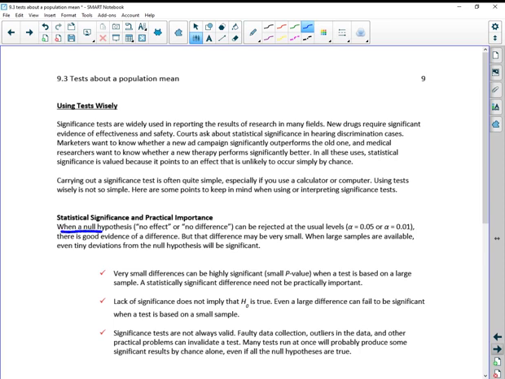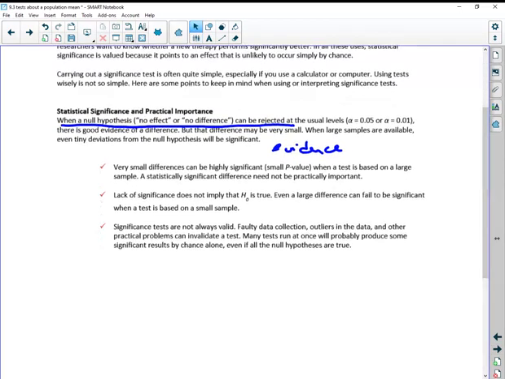Our null hypotheses are always our statements of no effect or no difference, and we're looking for the evidence to reject that claim. But we have to be aware that sometimes it's hard to detect a very small difference.